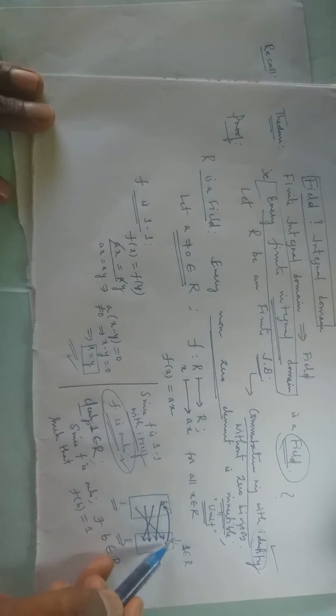That is, F of B is 1. Once I throw that member B with the rule, he will just fall into the place 1. Now, what is F of B by our map? F of X is AX. F of B is AB.